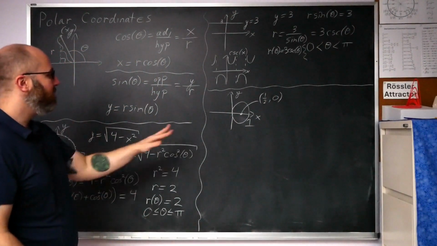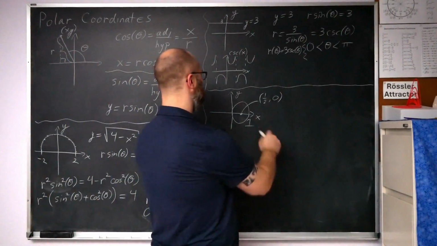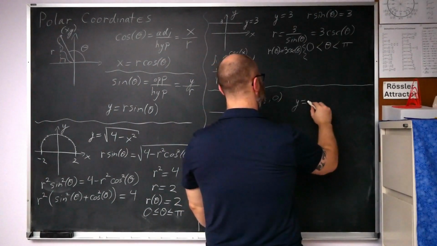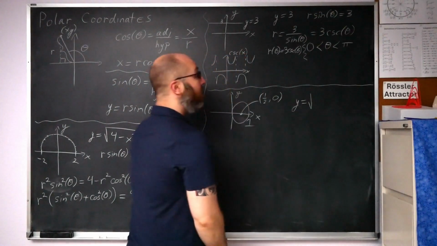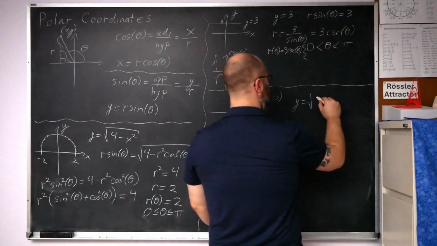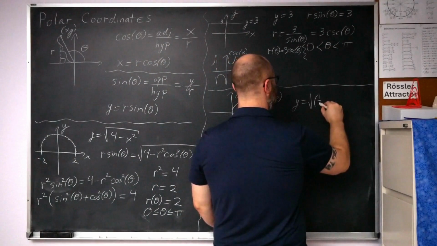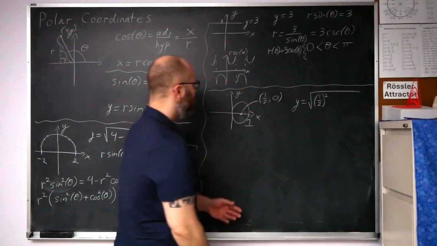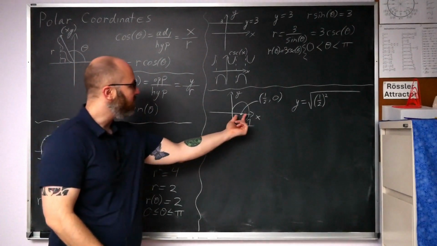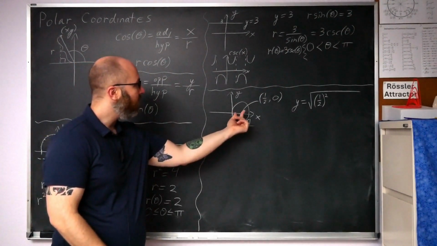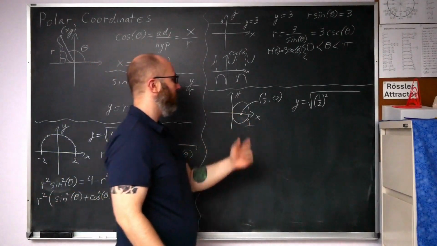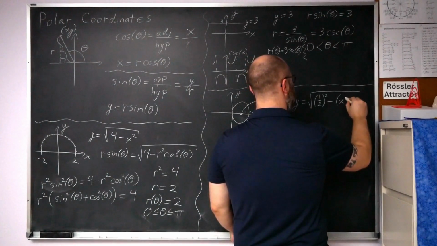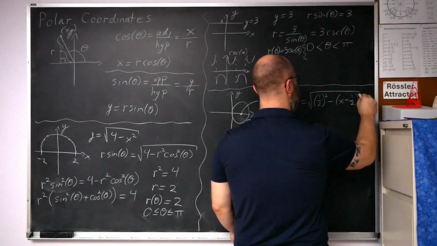All right, well, if we describe this, it's going to be like a circle of radius 1/2. So we have y is equal to square root. So radius 1/2 circle, we're going to get 1/4, so 1/2 squared here. But it's also been offset to x at positive 1/2, so we're also going to have minus x minus 1/2 squared.